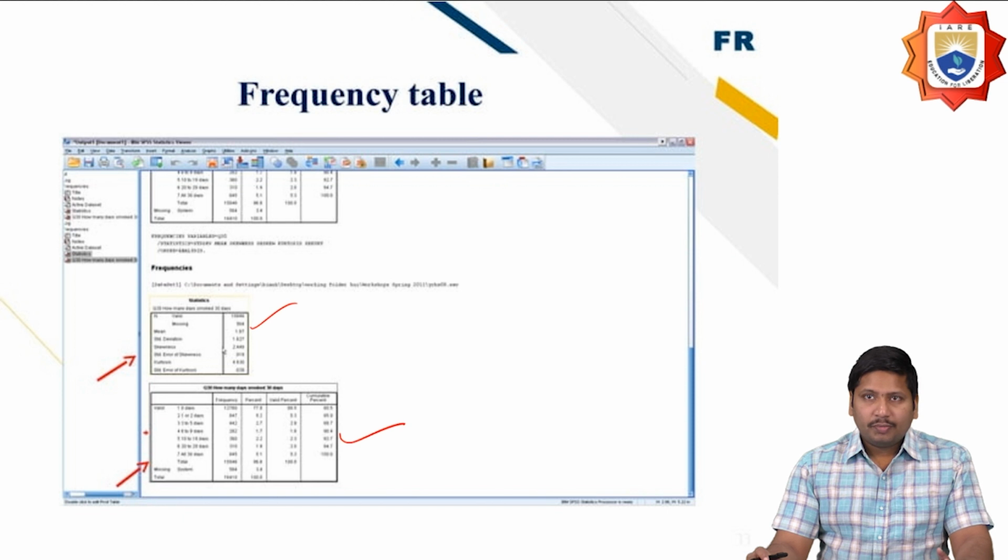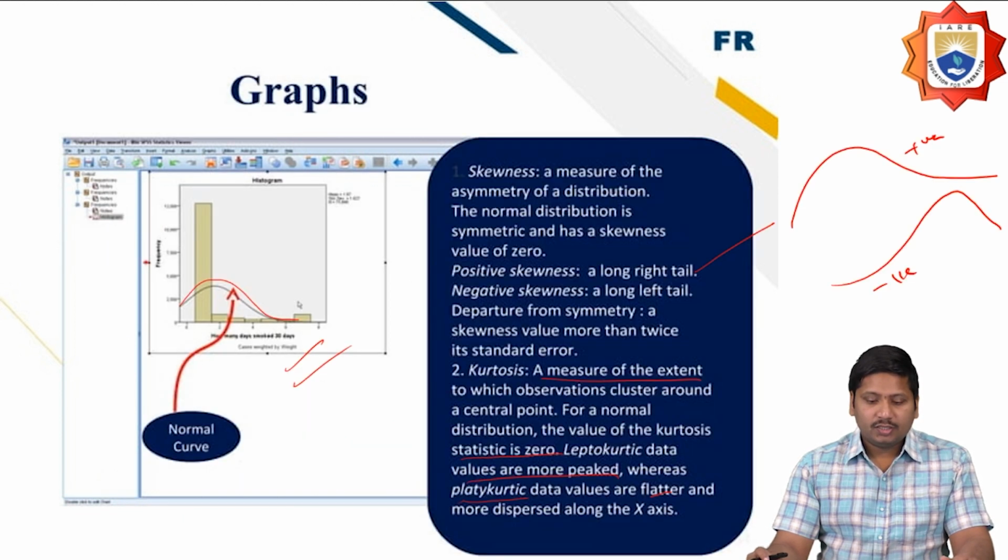And we can obtain the frequency table from the previous data. Once the frequency is done, we can simply draw what kind of graph or curve can be produced.